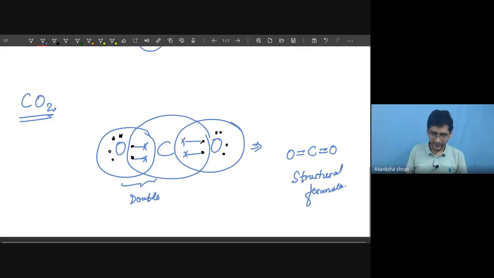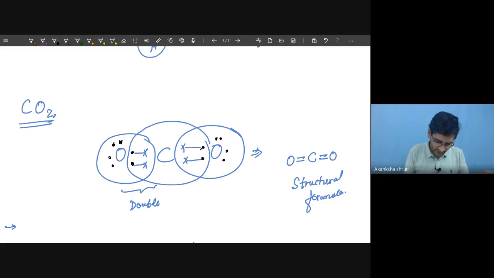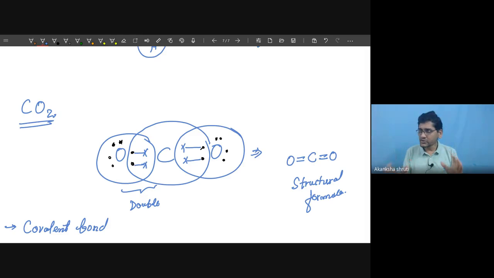Are we getting it? So write: covalent bond leads to octet configuration without forming ions or charge. Do not form any ions.